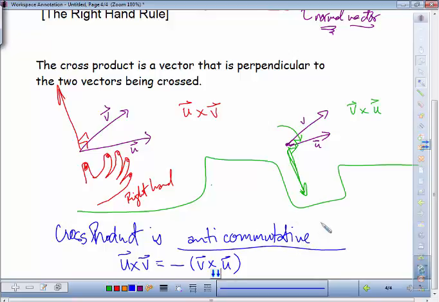It's not commutative. Commutative means if you switch the order, you get the same answer. So if you switch the order and you're going to be off by a negative sign, it's called anti-commutative. Okay?